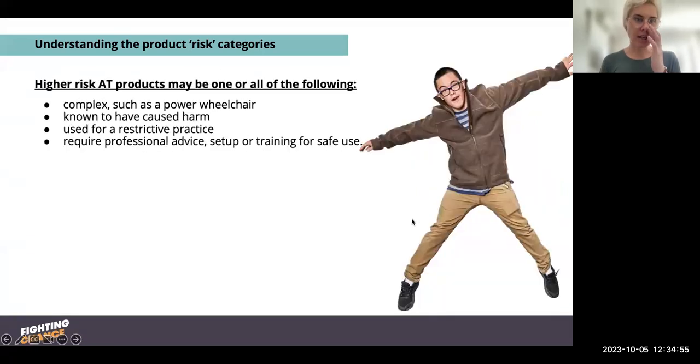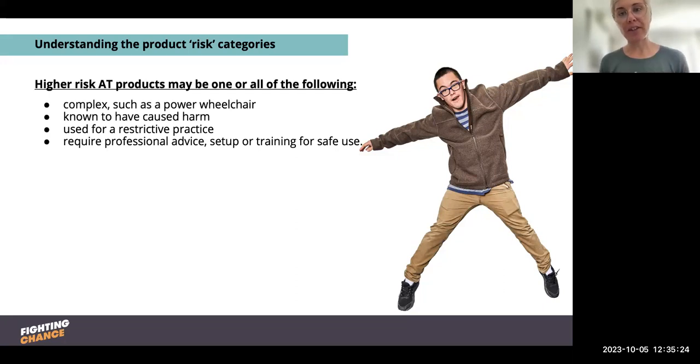Higher risk AT products may be one or all of the following. They're complex, like a power wheelchair, so they need to be modified. There needs to be a lot of assessment, a lot of trials, a lot of modifying to that individual to ensure that it's safe for that person, that it's comfortable, and that it works effectively for that person's needs. It's known to have caused harm.